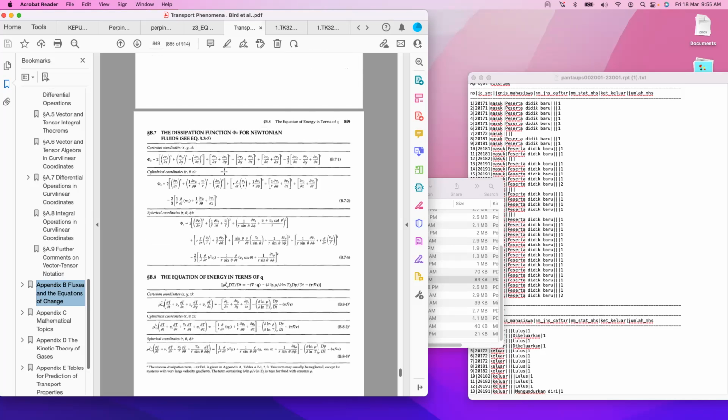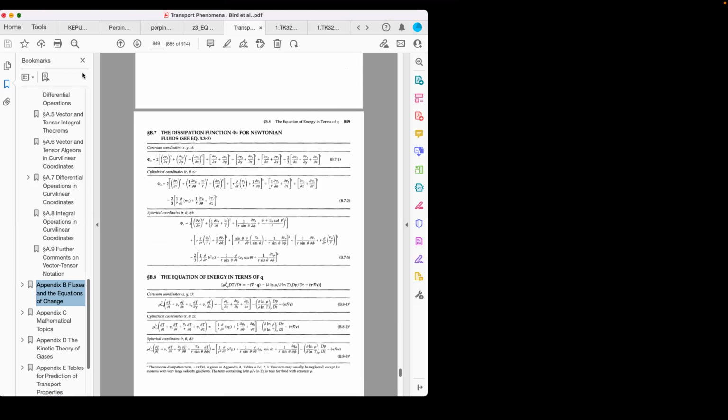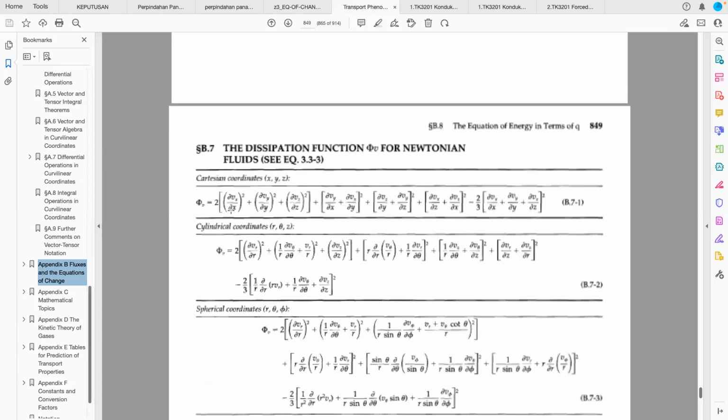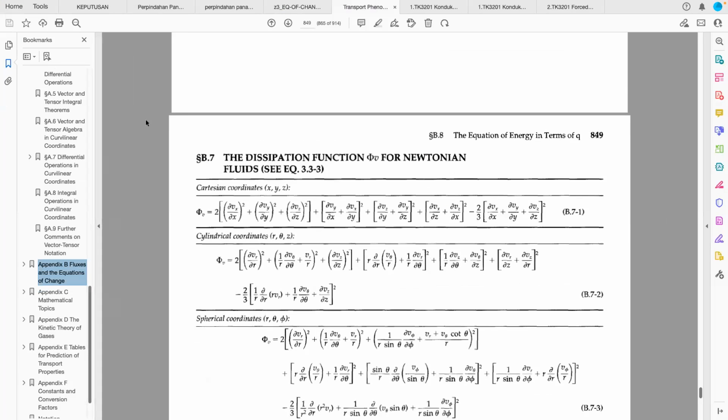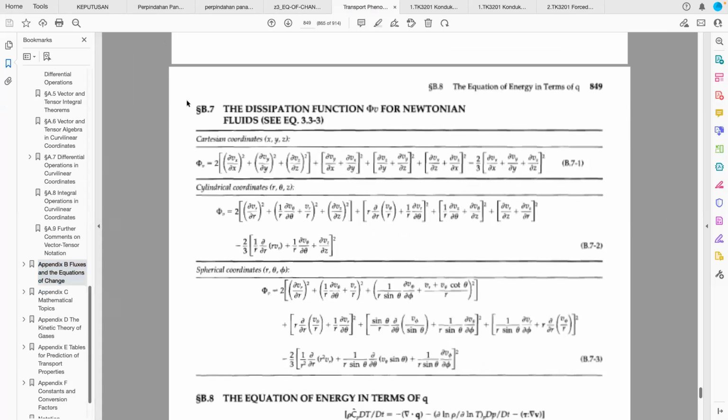Yeah, this one, sorry. It's not A, it's in appendix B7. So this is called B7, just an additional one.